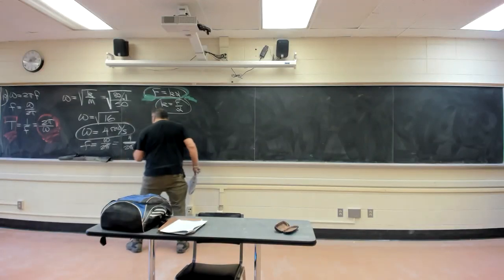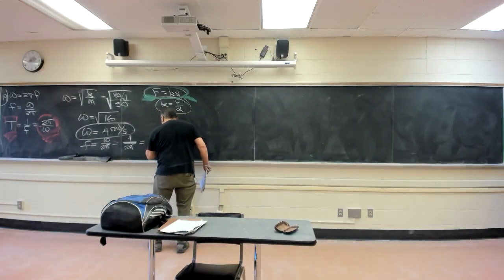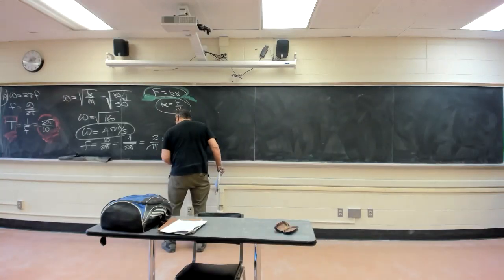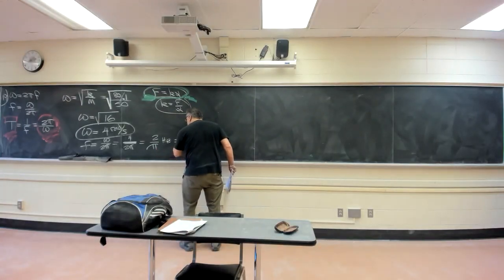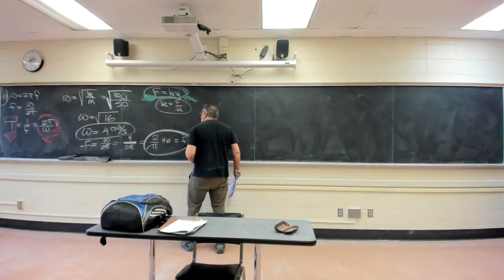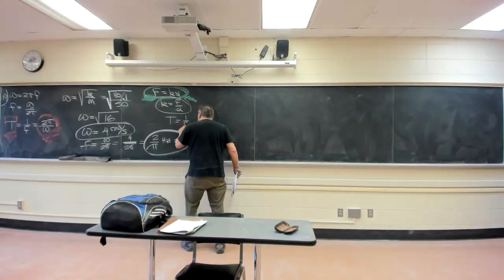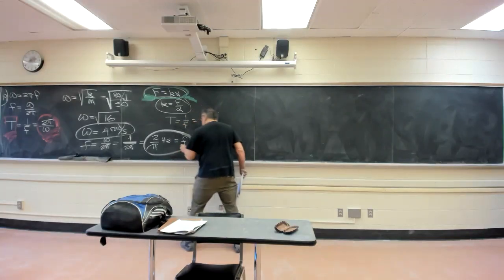The 2 and the 4 cancel. You've got 2 over pi hertz. 2 over pi hertz is equal to f. We also know that T is the reciprocal of f. The reciprocal of this.